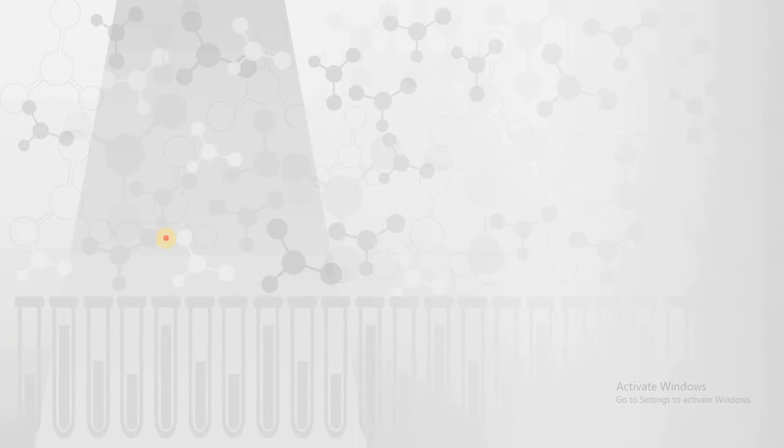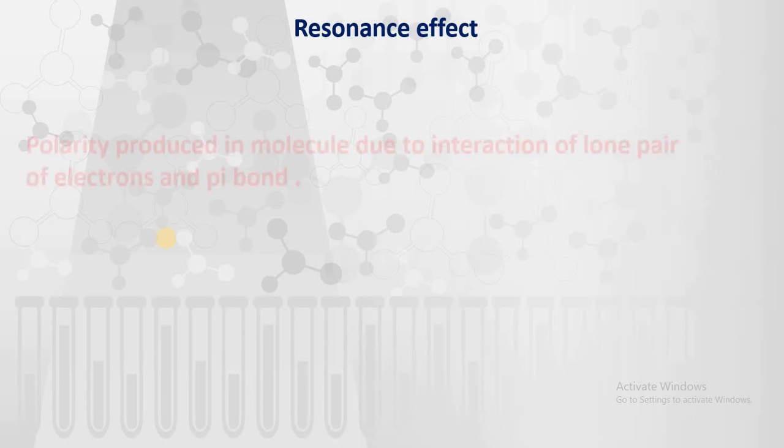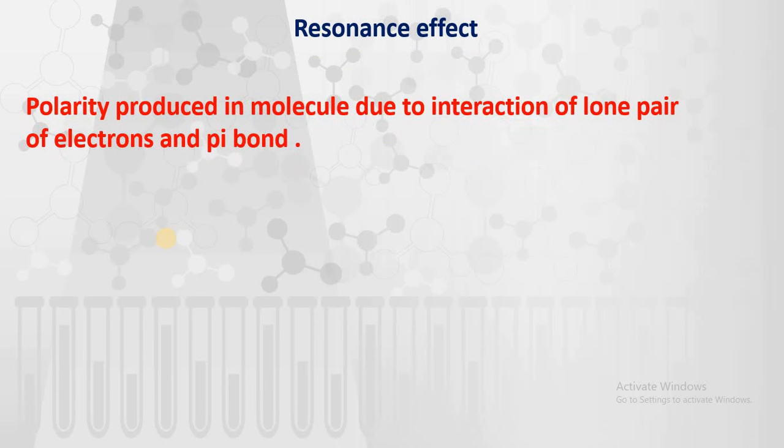So what is this? Resonance effect is nothing but the polarity which is produced in a molecule due to interaction of a lone pair of electrons and a pi bond. So this is nothing but the interaction or movement of electrons between the pi bond and the sigma bond.